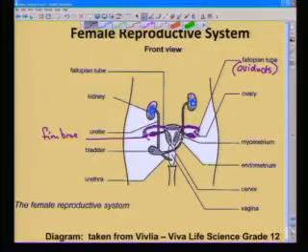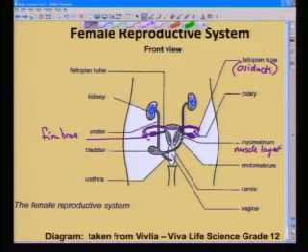Then you have the myometrium, which is the muscle layer, and the muscle layer of the uterus is very strong. Think about it. When a woman has contractions to push a baby out, the baby has grown in the uterus. That uterus has to expel that baby, and those muscles are incredibly strong. So myo means the muscle layer.